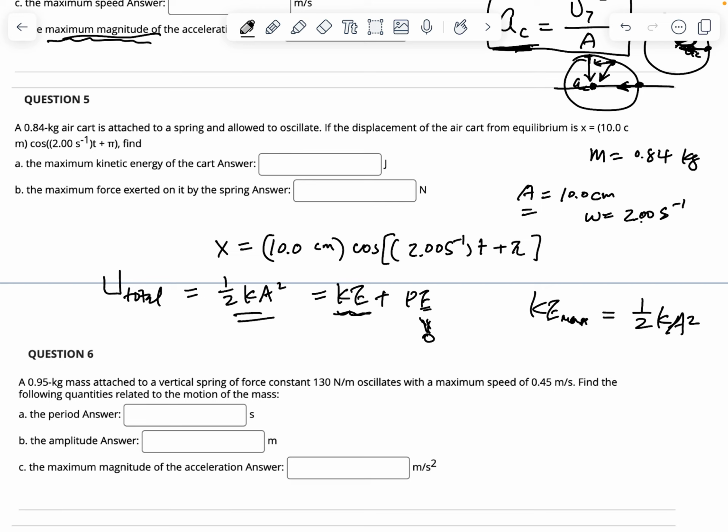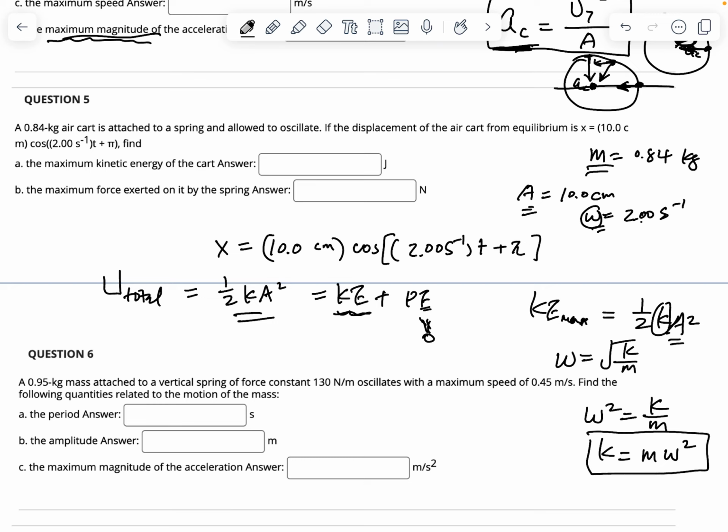So this is just plugging everything in. You have A, but you don't have K. So what is this K? If you know omega, then you know K, because you have M and omega. We know omega equals the square root of K over M. From here we can derive that omega squared equals K over M, so K equals M omega squared.